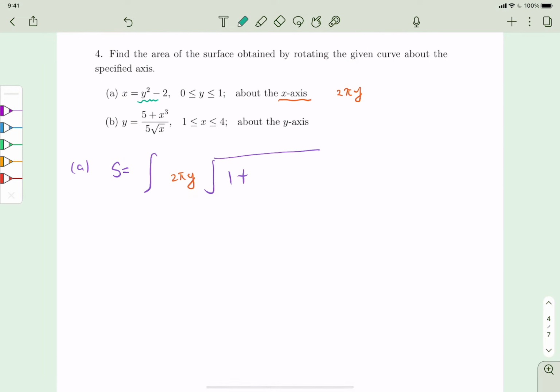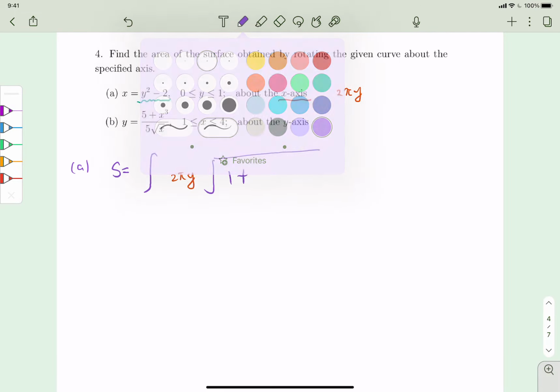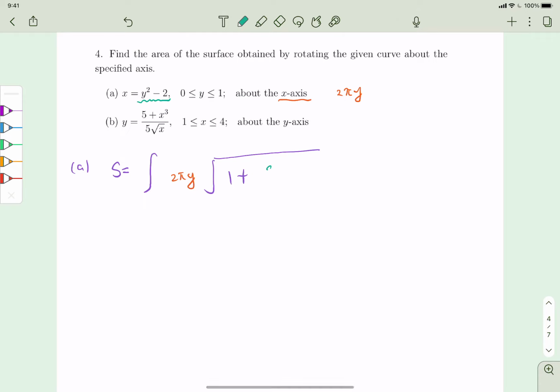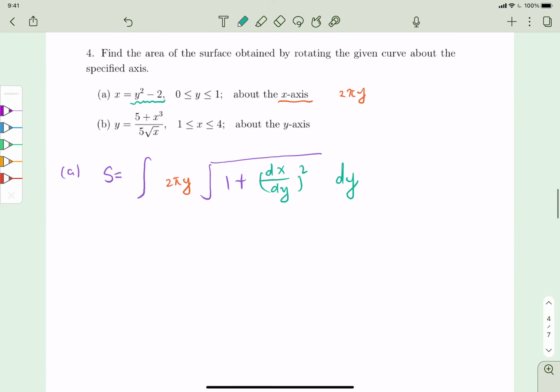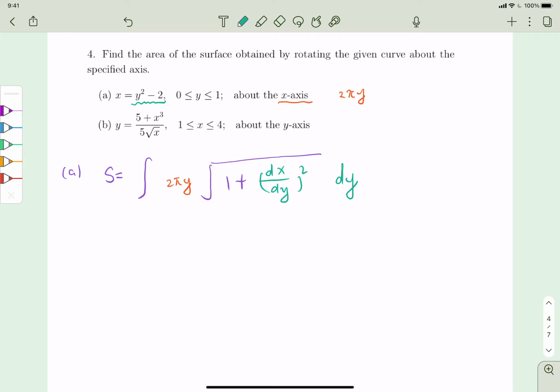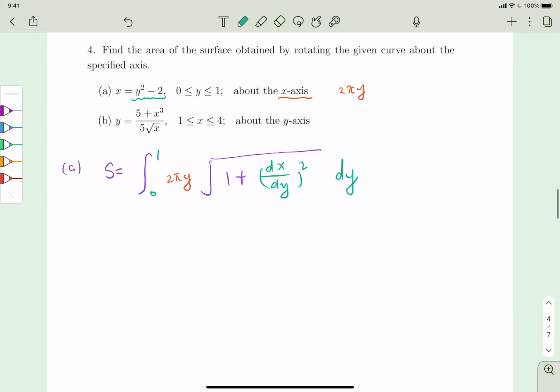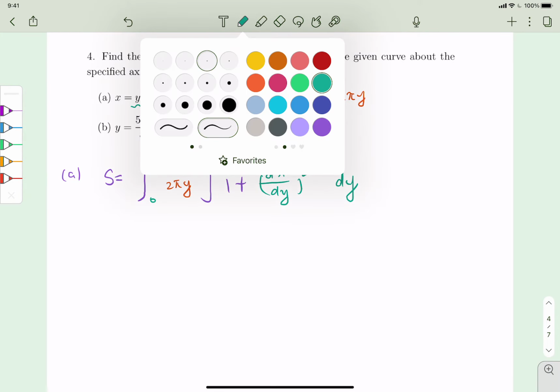And I see that it's easier to express the function in terms of y. So I write dx over dy square, now dy. And the bounds should be in terms of y. So I use the y bounds here. That is from 0 to 1. Okay. Now it has been set up.